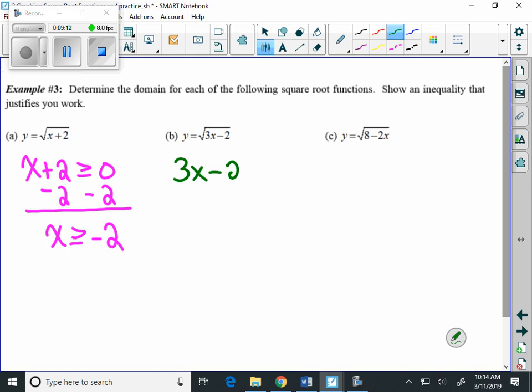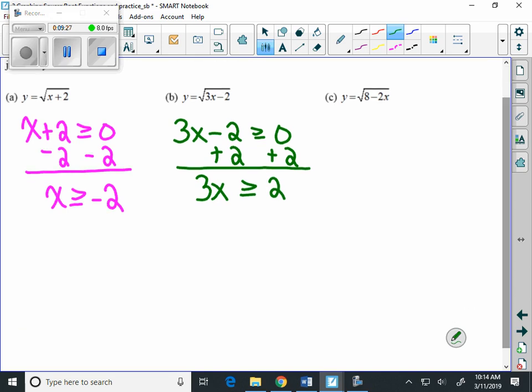3x minus 2 is greater than or equal to 0. We add 2 to both sides, and we get 3x is greater than or equal to 2. Divide both sides by 3, and x is greater than or equal to 2/3.